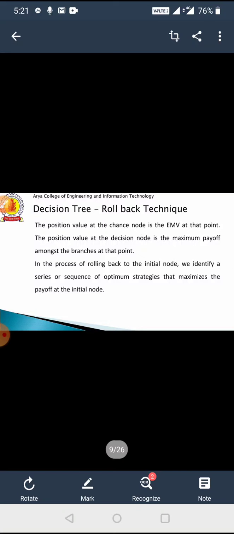The decision tree rollback technique: the position value at a chance node is the expected monetary value (EMV) of the branches at that point, and the position value of a decision node is the maximum payoff among the branches at that point. In the process of rolling back to the initial node, we identify the sequence of optimal strategies that maximizes the payoff at the initial node. This is the decision tree rollback technique.